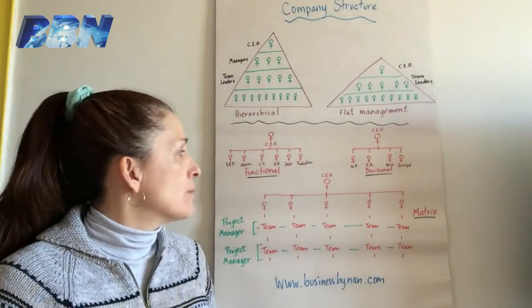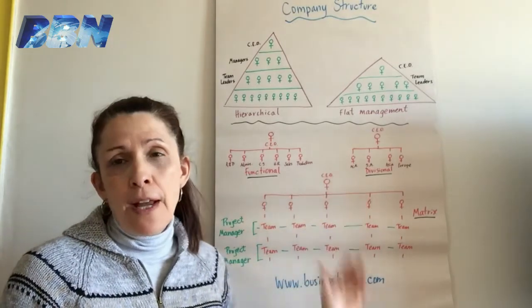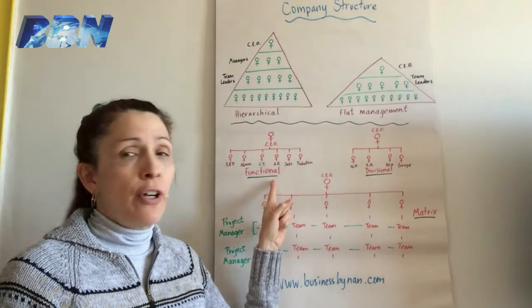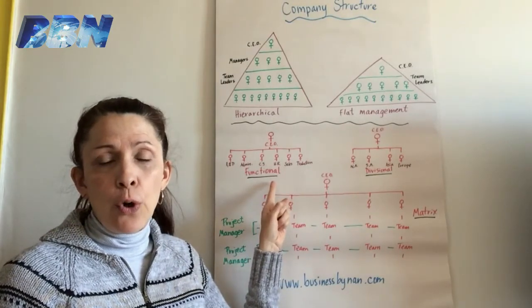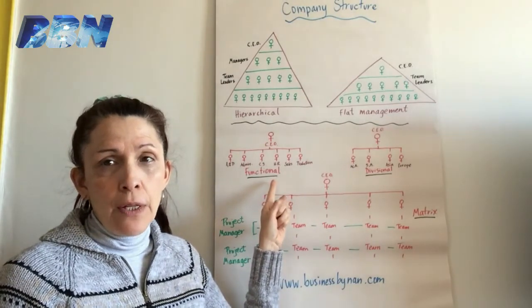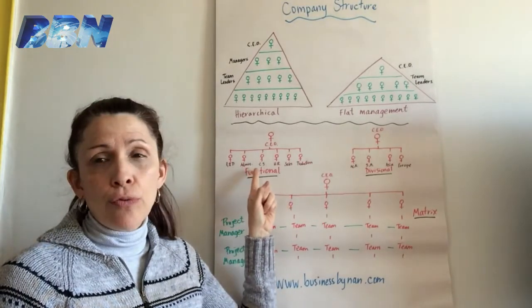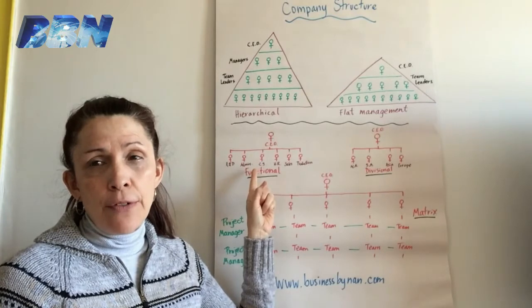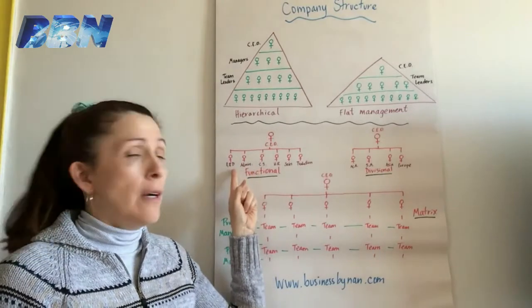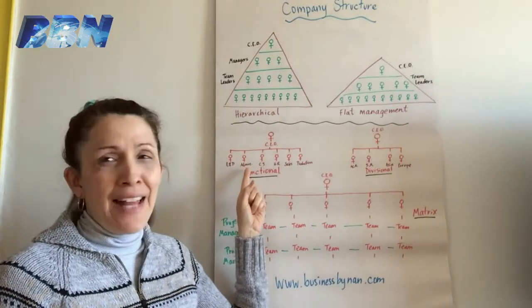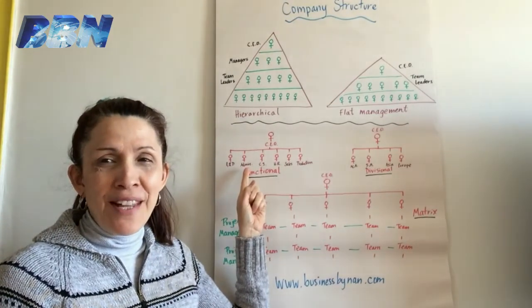And then we have more specific types of company structure. This is called a functional organizational chart. And functional is where you put it according to the function or the role. For example, the different departments. R&D, which is research and development. Admin, which is another way to say administration.